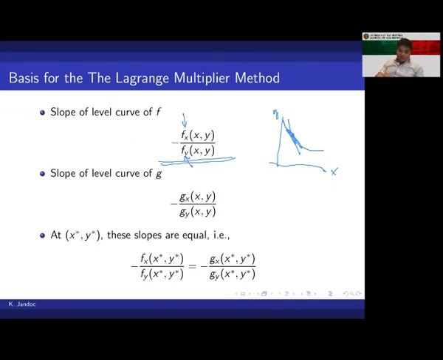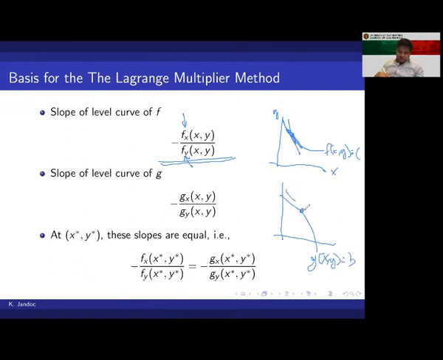Similarly, for the constraint curve, f of x y equals c is the level curve, and this is also a level curve, g of x y equals b.